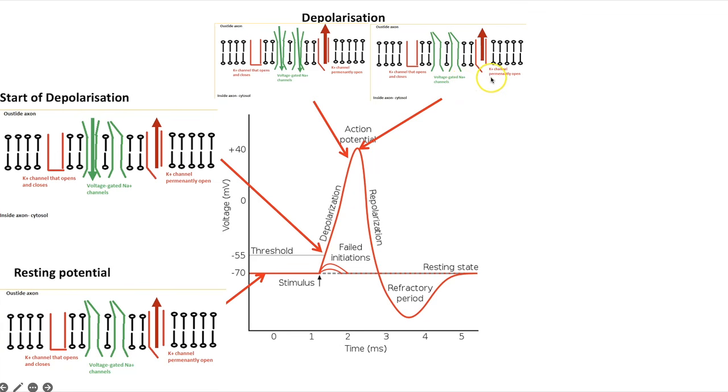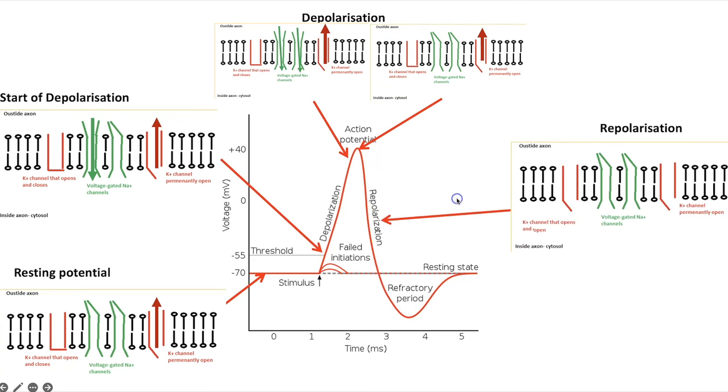So we now have positive ions diffusing out, leaving the axon. We then start to become more negative again, which is known as repolarization. At this point, we have even more potassium ion channels open, so even more potassium ions are diffusing out, which results in an overshoot where the voltage becomes even more negative than the resting potential.